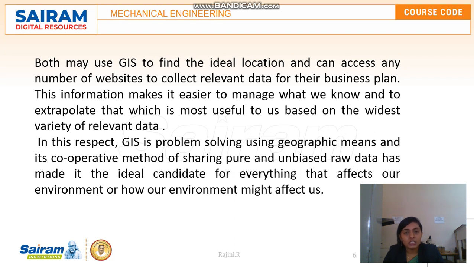So the GIS system is going to capture the images and send them to us. So we can see the area to be constructed on the water, and according to the images captured by the GIS system or remote sensing methods, we can utilize that image for the construction or in any other better way.